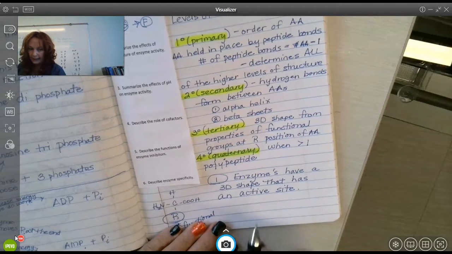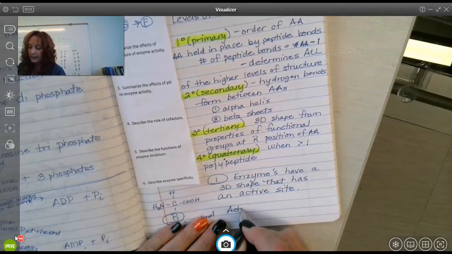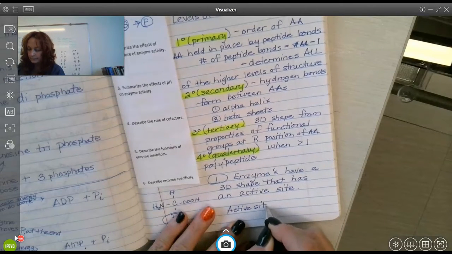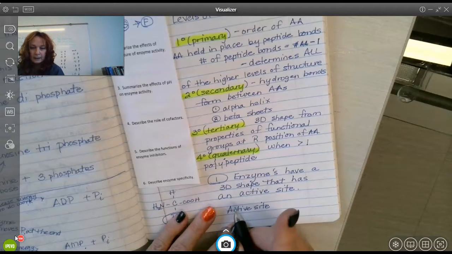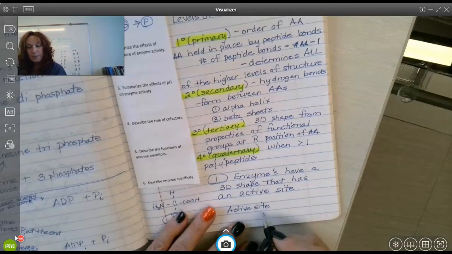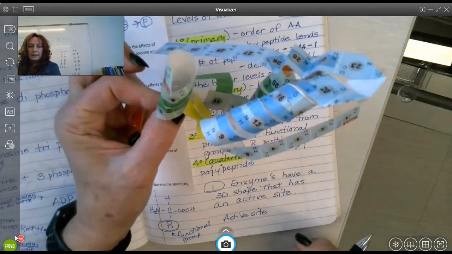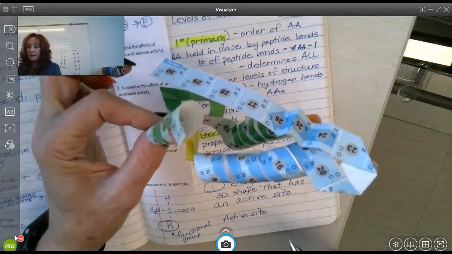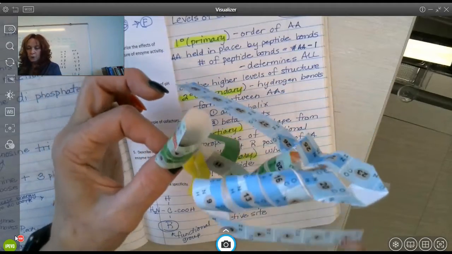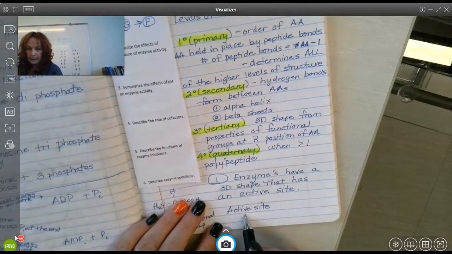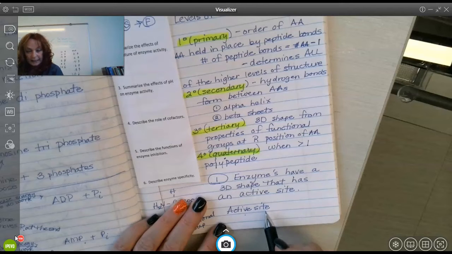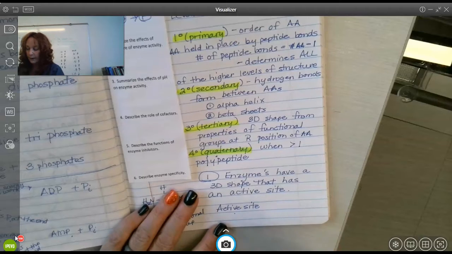Let's talk about what the active site is. The active site is a location. It's like a parking space for just one type of molecule. And that's based on the structure; you can see that not everything's going to be able to move in and dock. Because of the shape of the protein, in this case an enzyme, it's going to have a unique active site that is available for a molecule to dock.